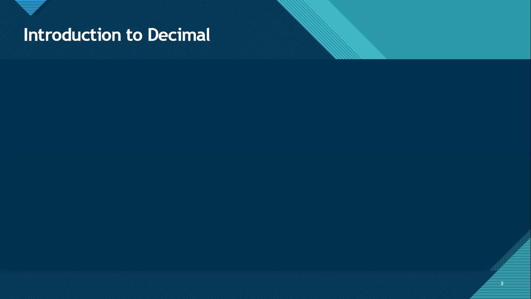So what does this mean? 5 point, there is a point in between, and then 87. What does that point mean? This point is a decimal point, and after that the number 87 will not be read as eighty-seven, it's read as eight seven. Why we read it that way, we'll discuss later.